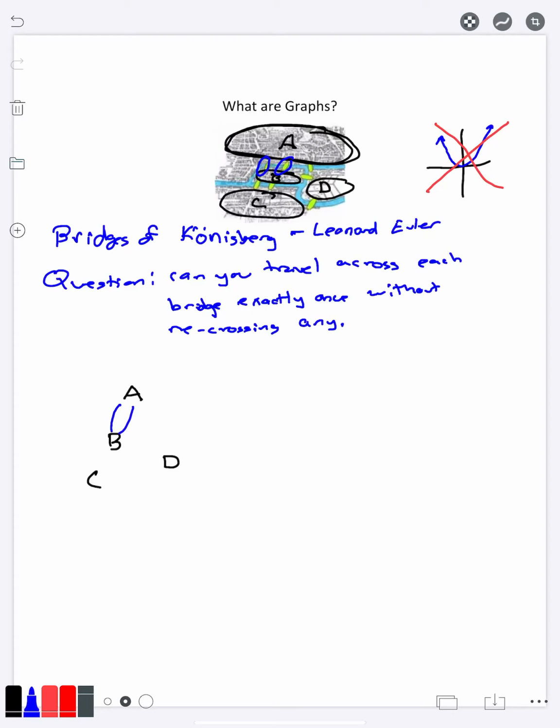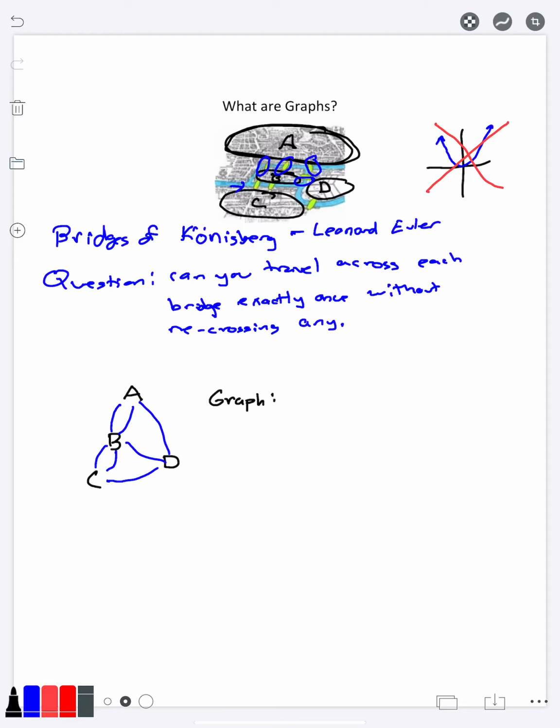And then there's a bridge from A to D and from B to D. And then there's 2 bridges between B and C, and finally 1 bridge from C to D. And so this new way of drawing it, where you ignore the shapes of the actual islands and all you do is you care about how they are connected, this is the mathematical idea of a graph.